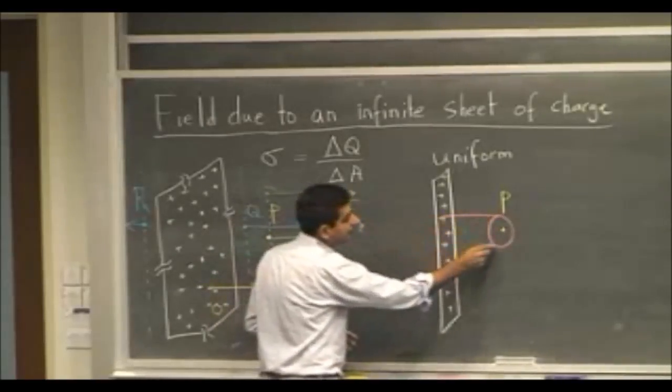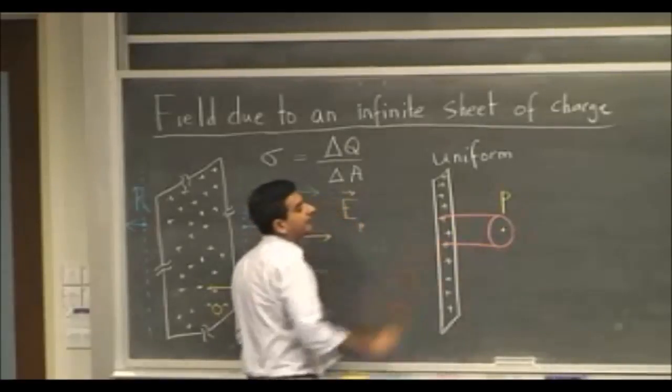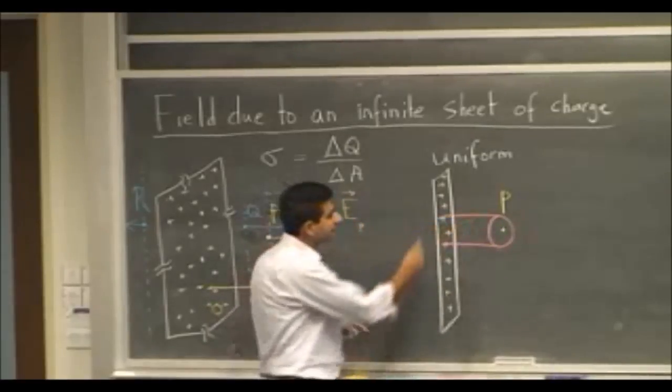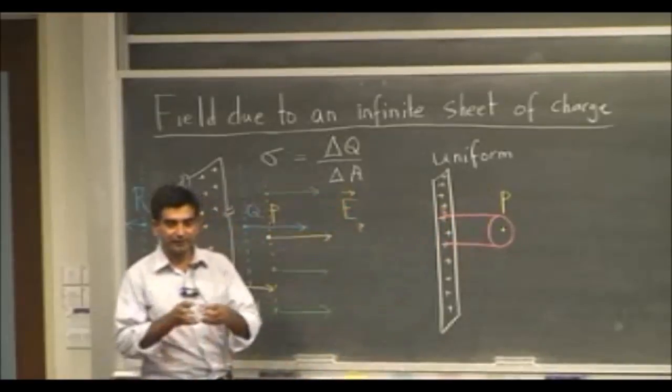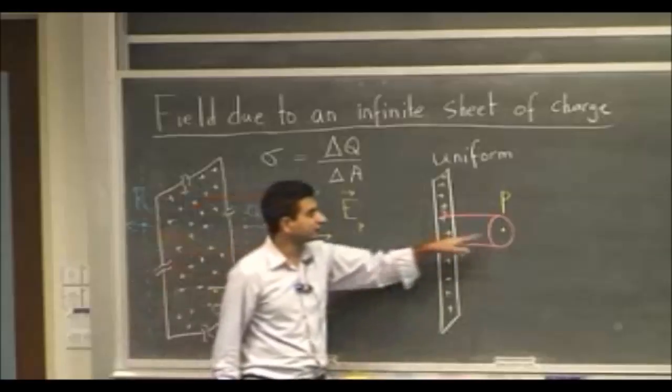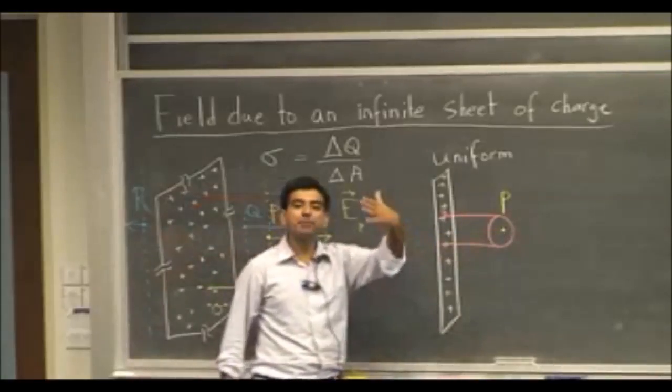This cylinder has a curved surface. This curved surface makes an angle of 90 degrees with the sheet. So it's normal to the sheet. If this is normal, this end cap is parallel to the sheet.